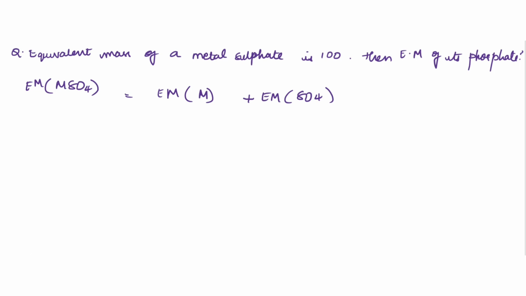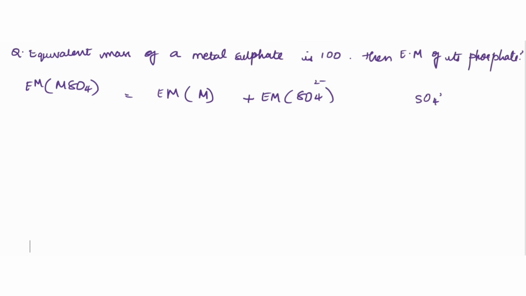From the equivalent mass of metal sulfate we can find equivalent mass of metal as well. Then once we know equivalent mass of metal, we can find the equivalent mass of its phosphate by simply adding it with the equivalent mass of phosphate. So let's see how. Let's do it slowly.